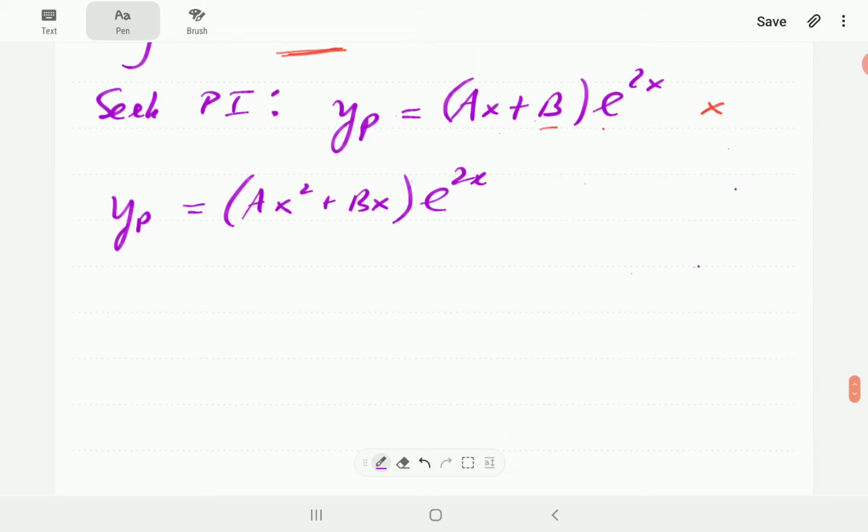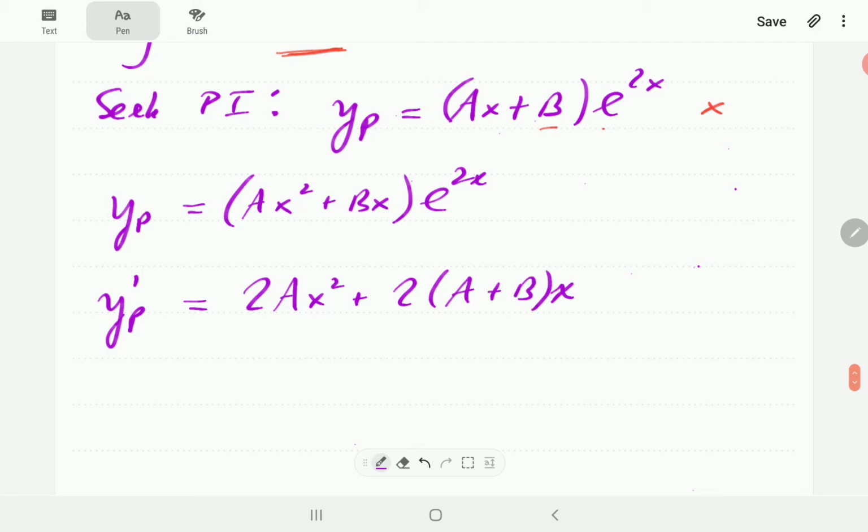Then we are going to have to differentiate this. So yp prime, I'm just going to go straight to the final expression. So it's going to be 2ax squared plus 2 into a plus b x and then plus b all times e to the 2x.